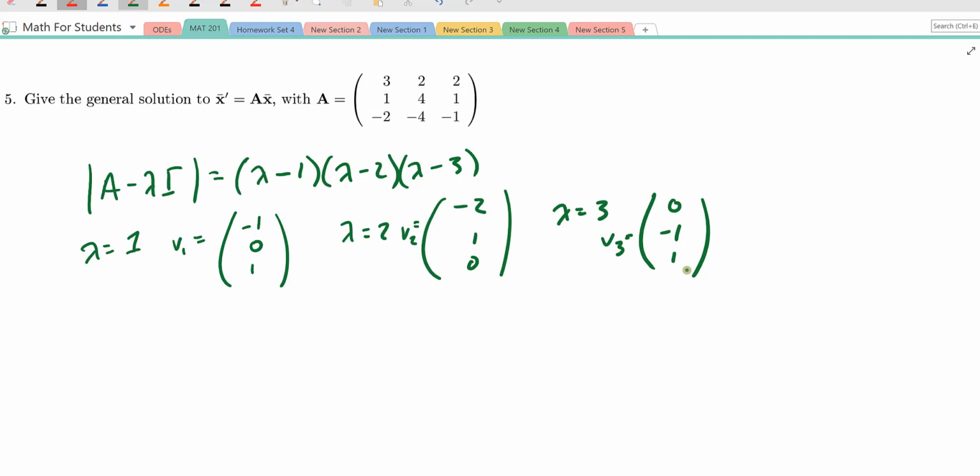But what's key here is that in solving this system of three ODEs with three unknown functions, we ended up with three distinct real eigenvalues.